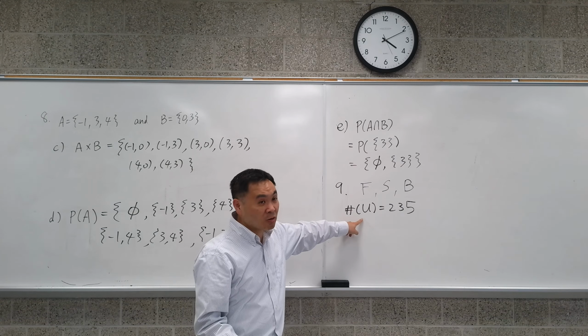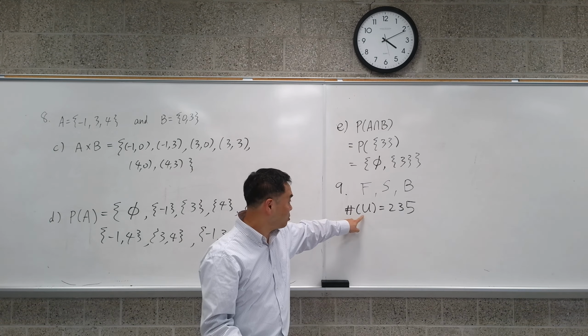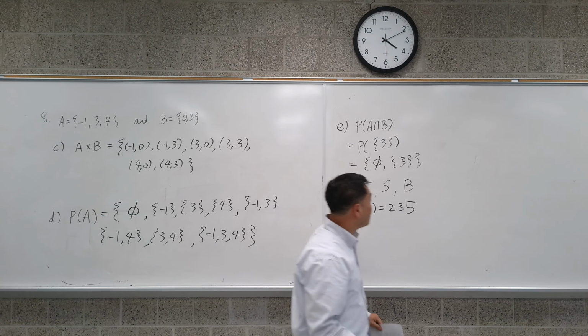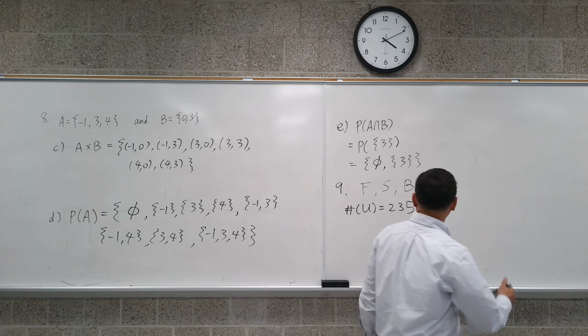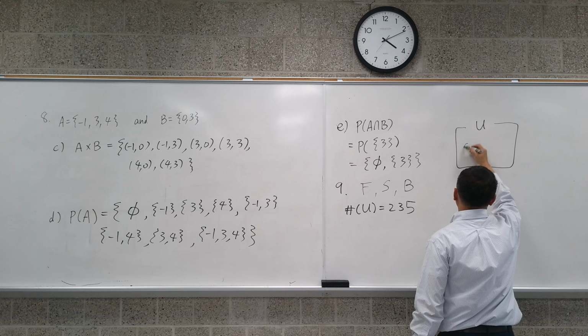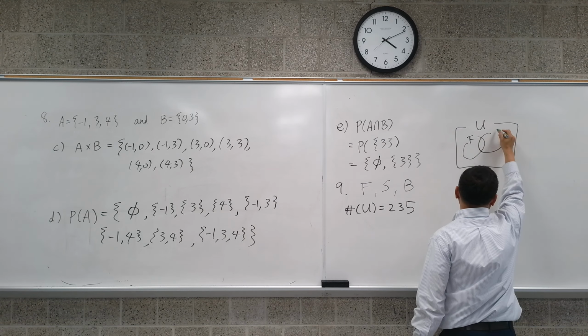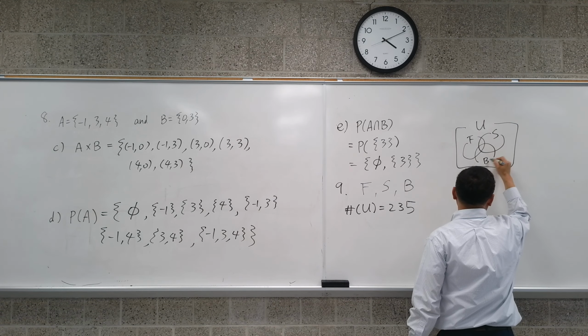So all of them are included in this set U, okay? So pictorially in the Venn diagram, you can think of it like this. You have U is the entire school, and there's the F, and then S, and B.